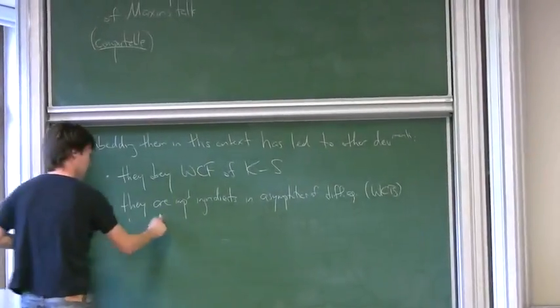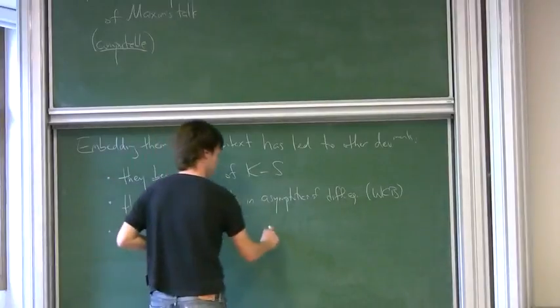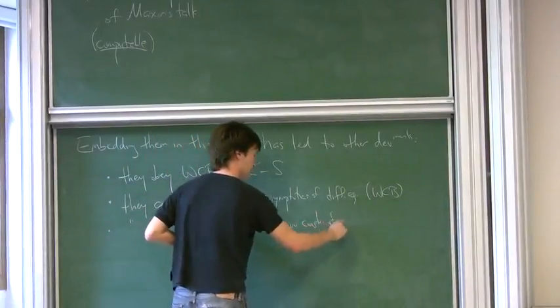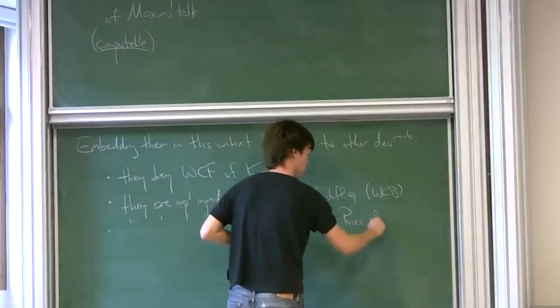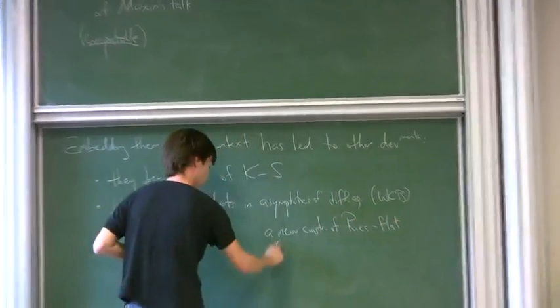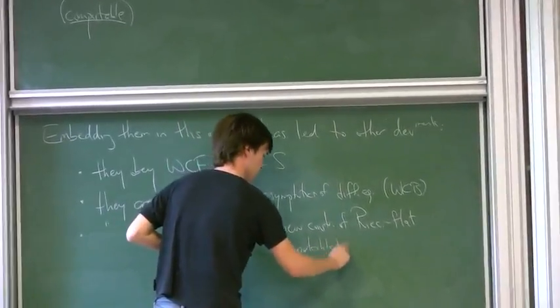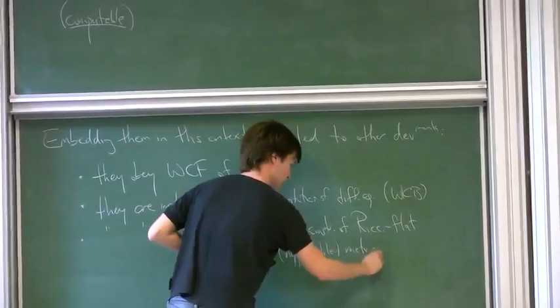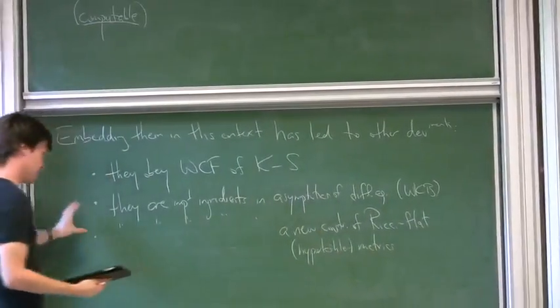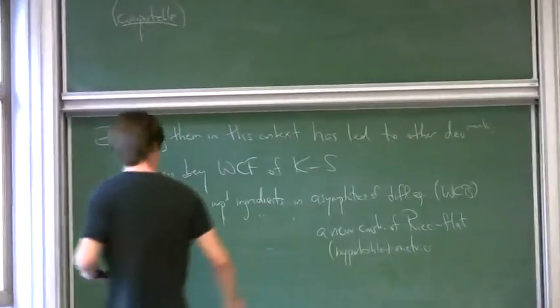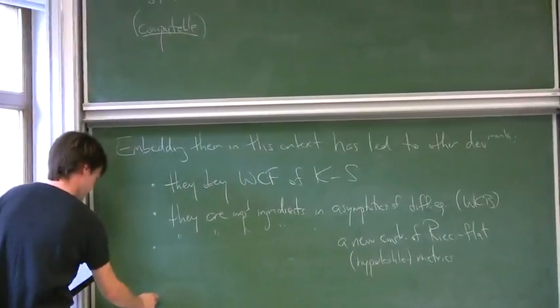They're also important ingredients in a new construction of Ricci flat metrics. In fact, hyperkähler metrics. So these are some new things that you can do with quadratic differentials once you understand this perspective on quadratic differentials.